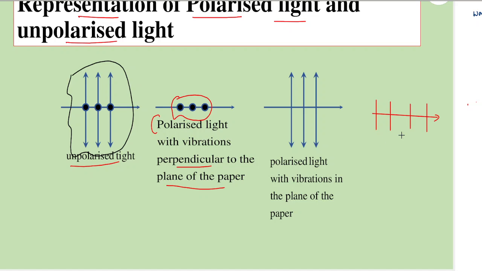For example, here we have drawn 4 arrow components, and if we draw only 2 dot components, this is said to be partially polarized light. So this is how we represent polarized, partially polarized, or unpolarized light.